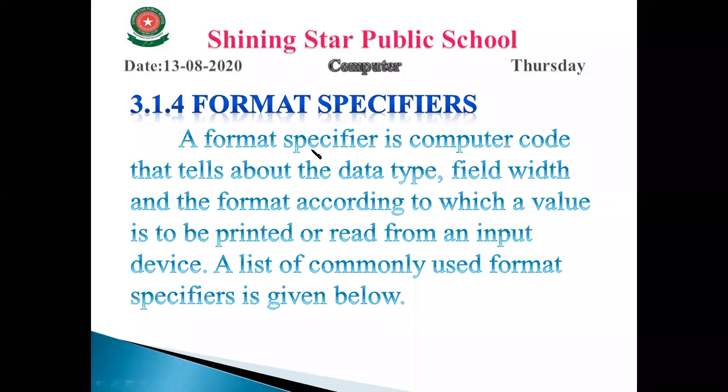So when we have to take the input, the number or the value which can take the point, we use a different specifier. And when we see a format specifier, we can understand which type of values we can take from the user.